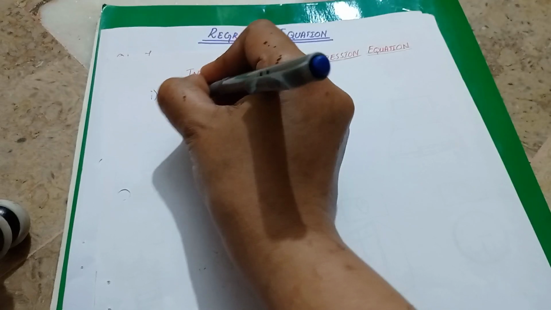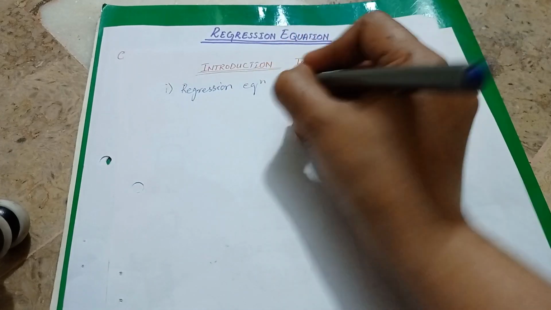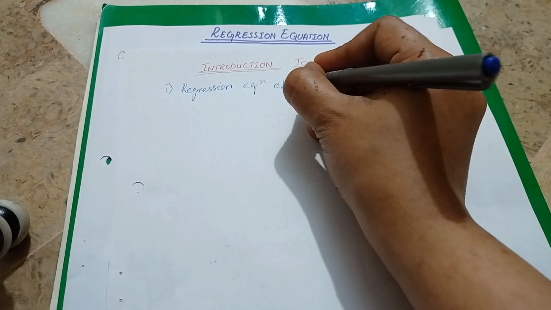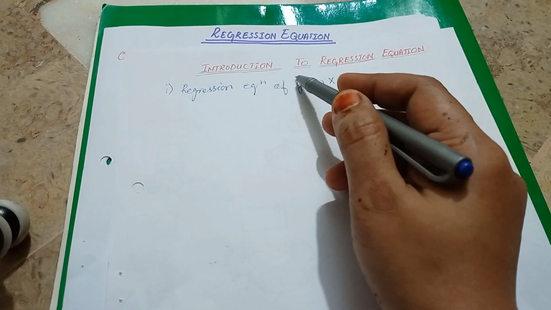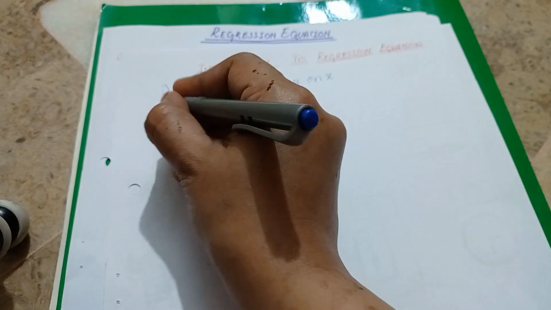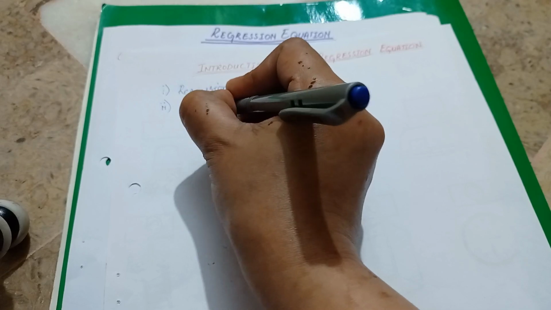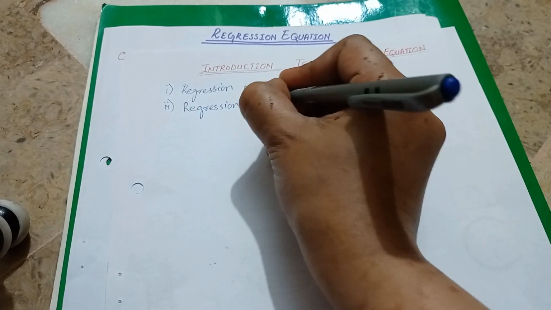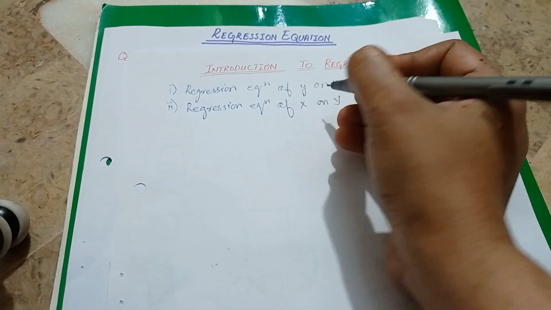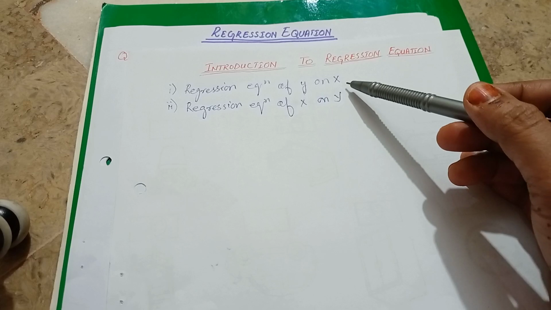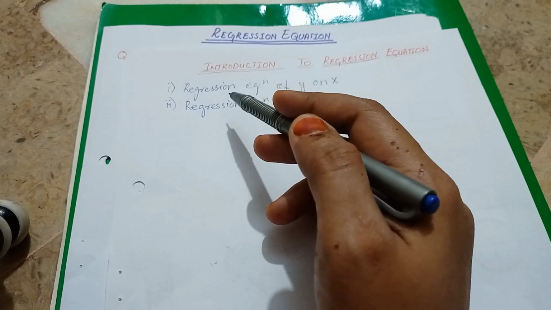Regression equation of y on x, that means y depends on x, and the regression equation of x on y. That means there are two types of regression equation in the given data. So we will consider both the equations as well.